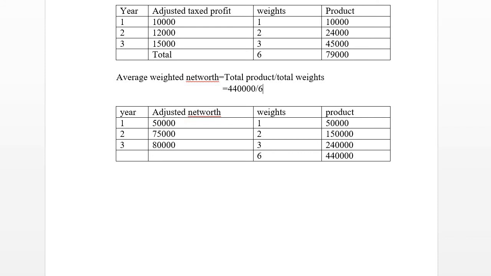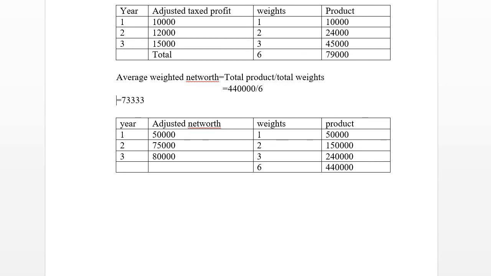Therefore, when we do the division, 4,40,000 divided by 6 is equal to 73,333. Yes. See, when we get this answer 73,333, this is the answer for the average weighted net worth, right?